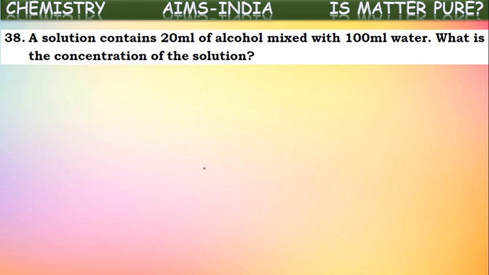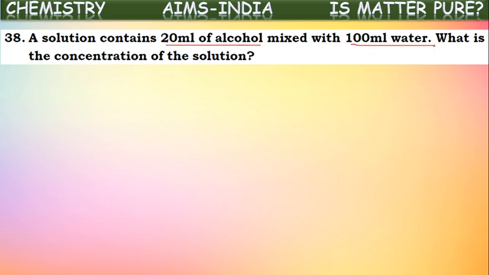A solution contains 20 ml alcohol mixed with 100 ml water. What is the concentration of the solution? So here also they ask to calculate the concentration. But see, this time the quantities given are volumes: the volume of the alcohol and the volume of the water.